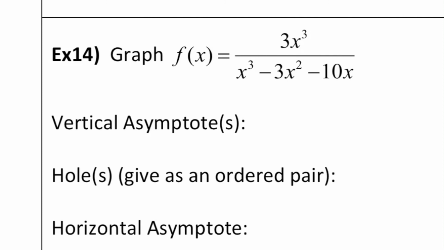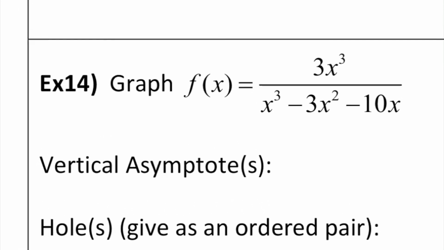I've changed it between handing you the packet and making the video. I decided to use a better equation. So if you could change that equation to what you see in front of you. If you're printing this off of Google Classroom in 2020, or if you're looking at it in a future year, then don't worry, I hopefully will have updated the packet by that point. So take a minute and copy down the new equation for number 14.